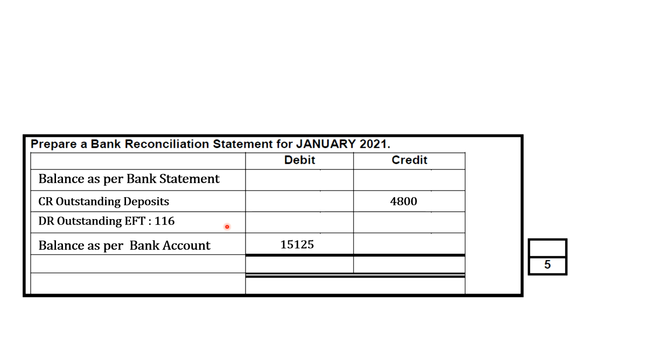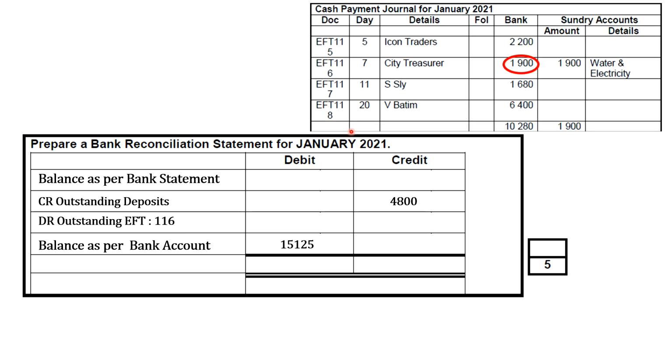When you are recording your amounts from CPJ, you have to put a colon and then write the EFT number like they give you. For example, here they told us that this is EFT 166. So we write it like I said: debit outstanding EFT, put a colon and write the EFT number. It's important that you show the EFT number. So that 1,900 that we circled, we're going to record it here on our debit side.